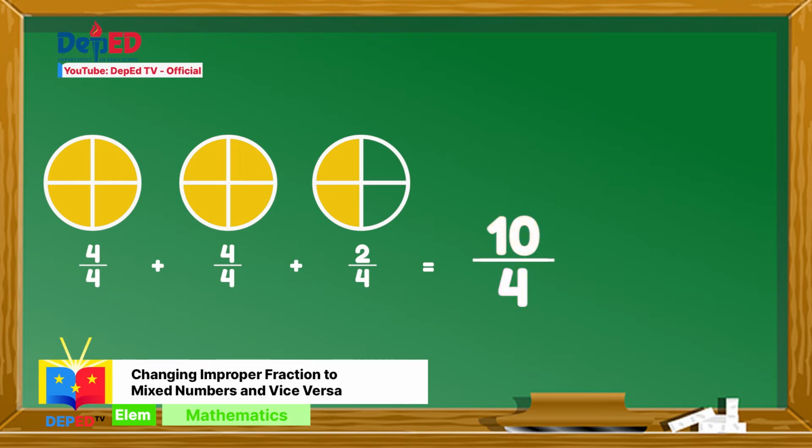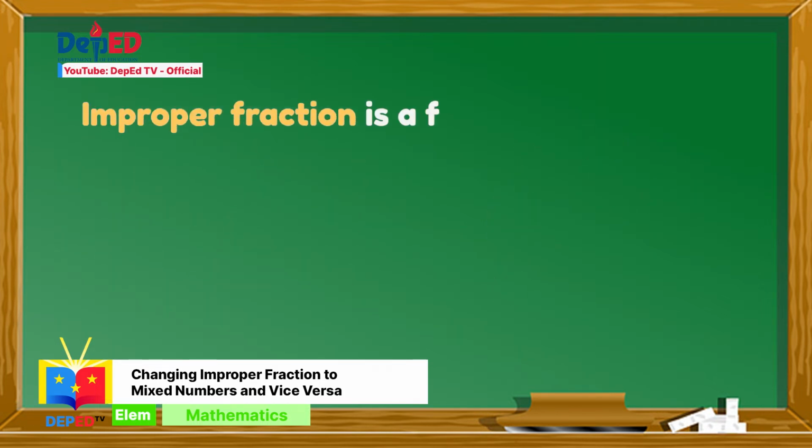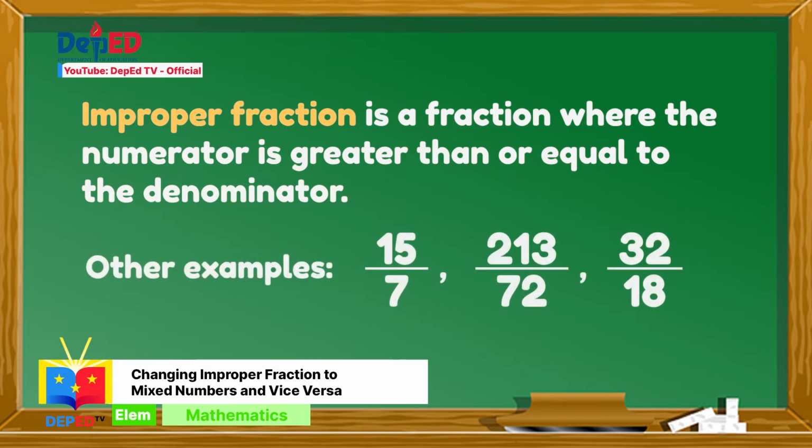It is read as 10 over 4, and it is an improper fraction. Improper fraction is a fraction where the numerator is greater than or equal to the denominator. Other examples are 15 over 7, 213 over 72, and 32 over 18.